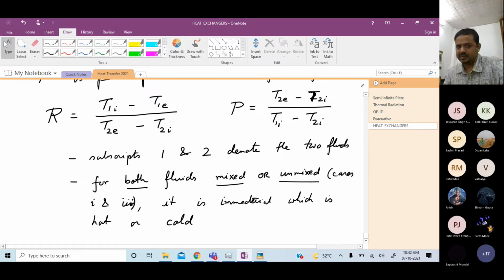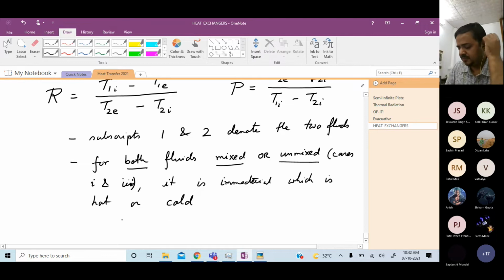But you have to be consistent, which implies, therefore, either 1 is hot and 2 is cold, or 2 is hot and 1 is cold. It is immaterial.